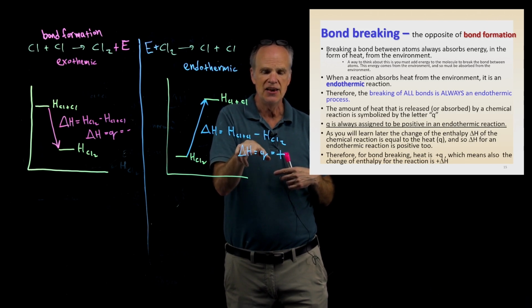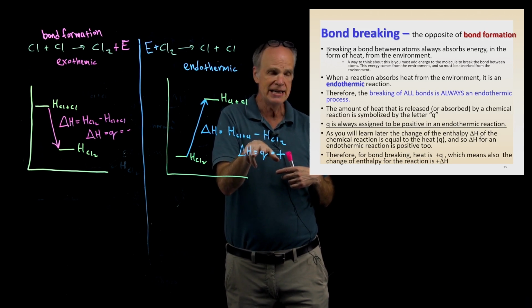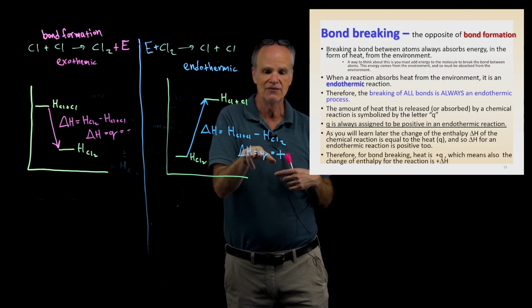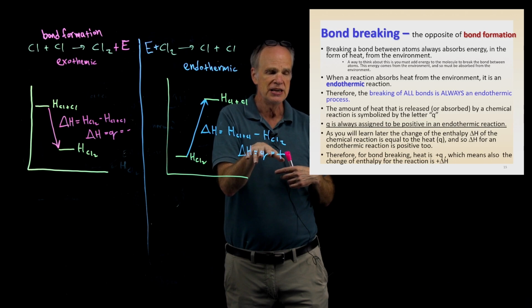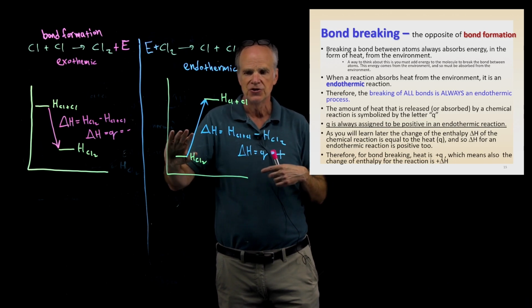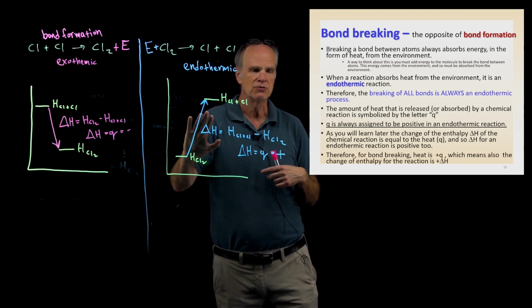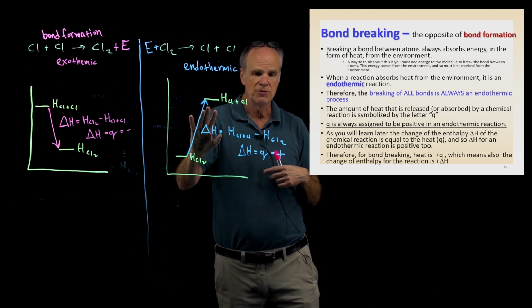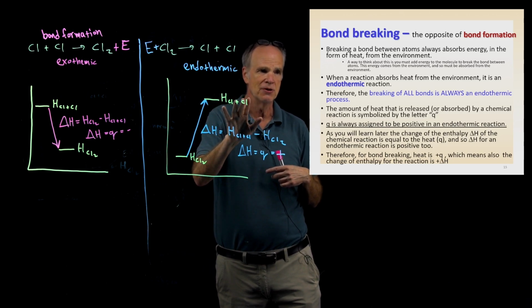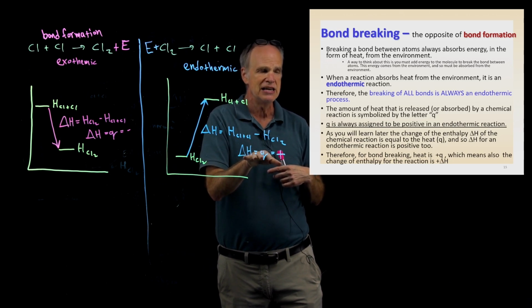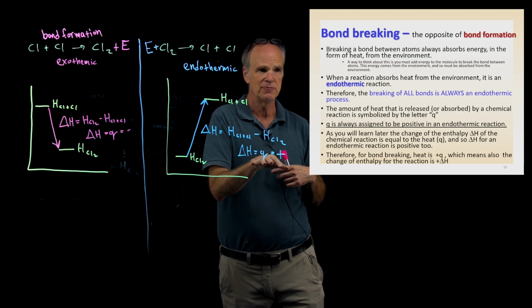So now the enthalpy change for breaking the bond to get individual atoms is going to be positive in sign. And so Q, the heat, will also be positive. So whenever you have an endothermic reaction, where the reaction must absorb energy to get to a product, there heat is absorbed and Q is positive.